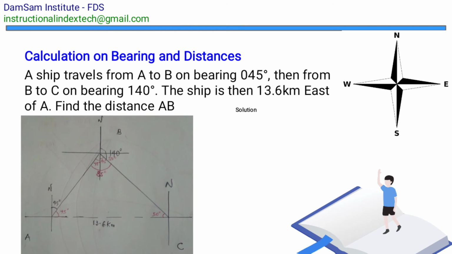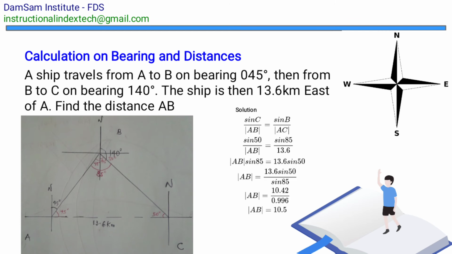To do that, let's look at this very carefully. We are going to adopt the sine rule, which we have studied earlier. Look at this side where it has 13.6 kilometers directly facing the angle that has 85 degrees. So we can relate that as sine B over AC, on the right hand side.